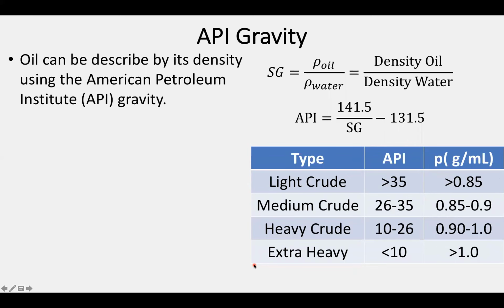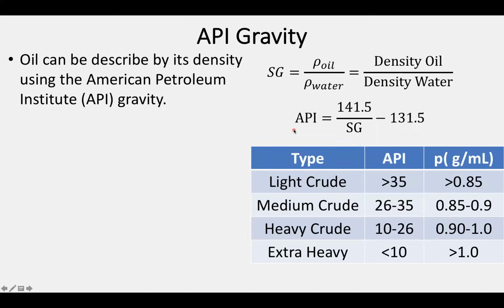So the classic description of oil is based on its density. This can be described using American Petroleum Institute gravity, which is essentially a slight modification of specific gravity. Again, the specific gravity is essentially the density of the oil divided by the density of water, so it's essentially out of one.